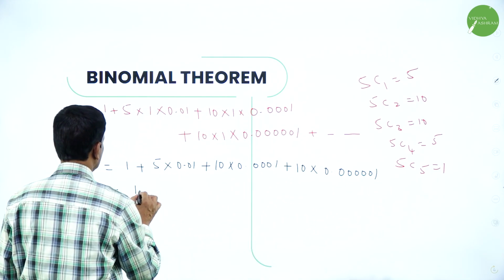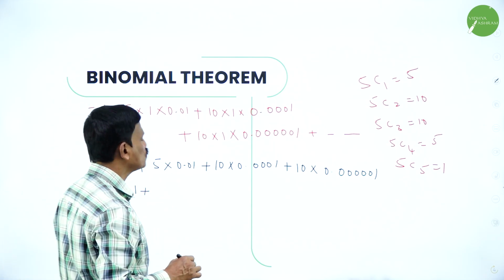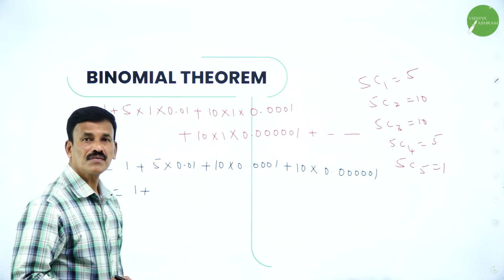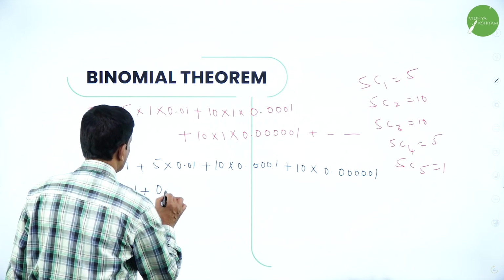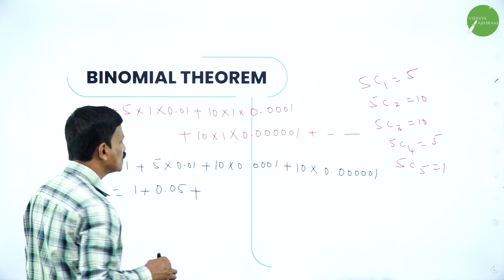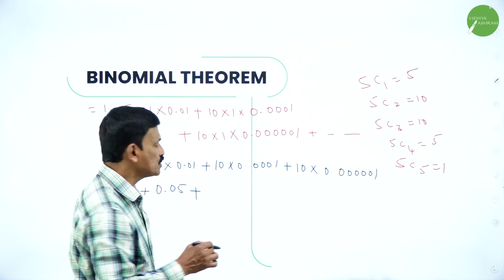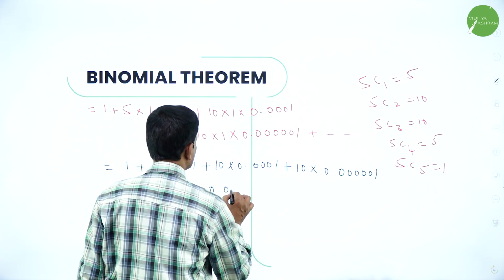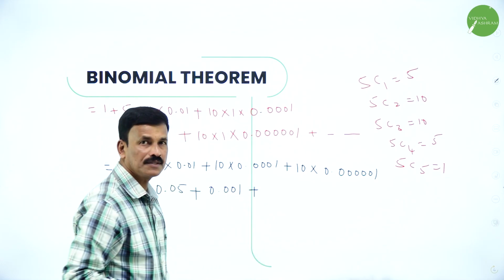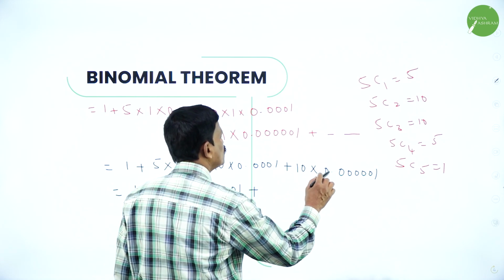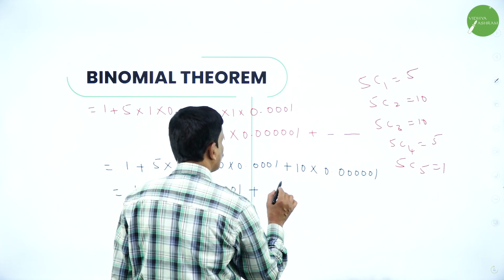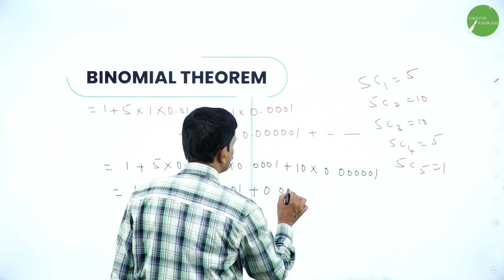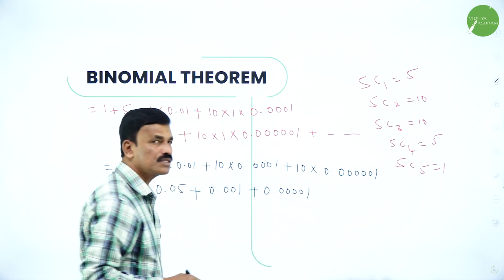So this is equal to 1 plus 5 into 0.01, which is 0.05, plus 10 into 0.0001, again 10 into 0.00001, that is 0.0001, 4 zeros you will get.